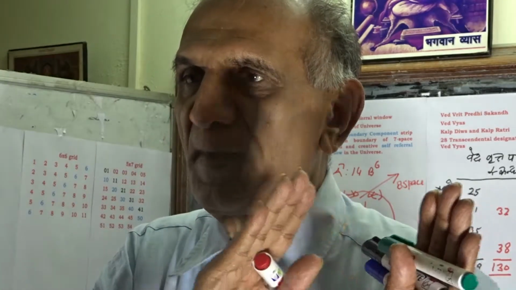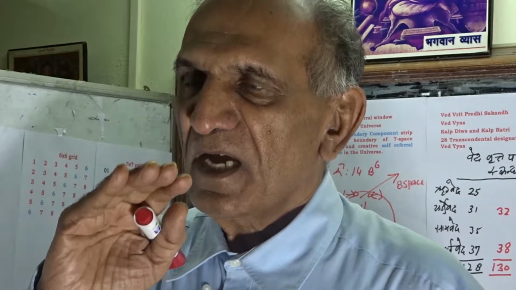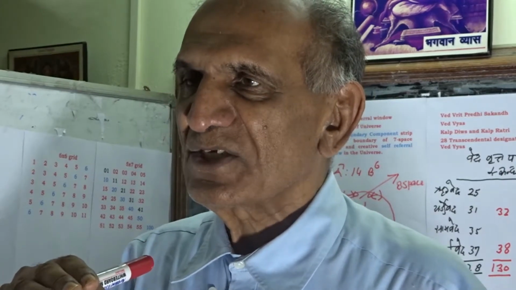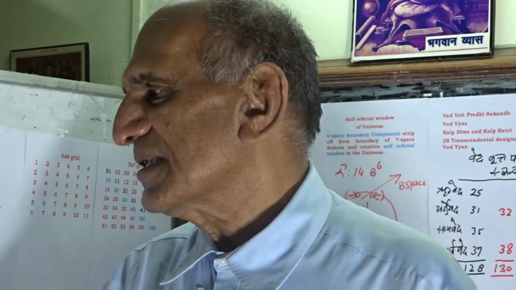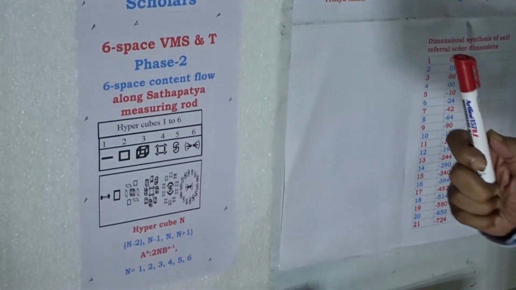We want to be parallel to the Vedic systems with an urge to have comprehension and to acquire an insight and to attain an enlightenment about the 6 space content flow along Sthapatya miring rod.